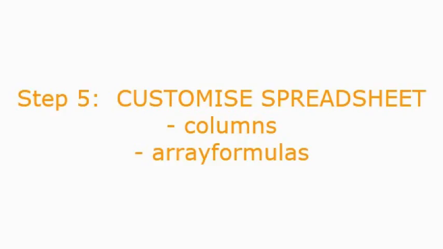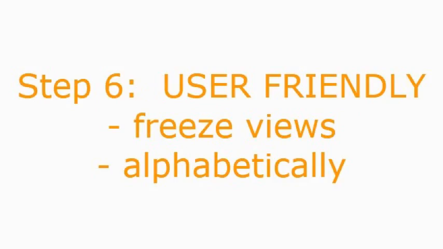Maybe you need a column to calculate and sum a few columns. Maybe you need array formulas to create identification numbers. It all depends on your circumstances. But customize your spreadsheet according to your needs.